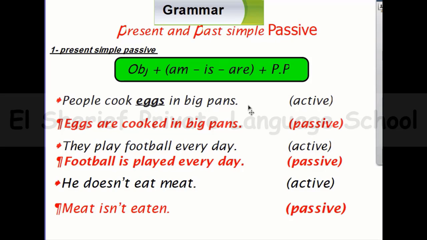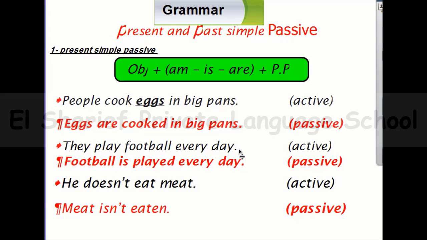People cook eggs in big pans. The object here is eggs. Okay, so we will start with the object eggs, and that's followed by are because eggs is plural. Eggs are cooked. Cooked is the past participle, and complete the sentence: in big pans.